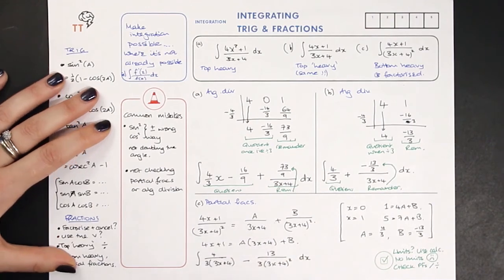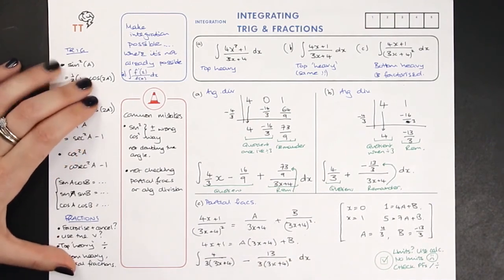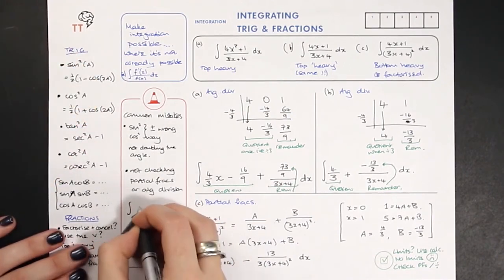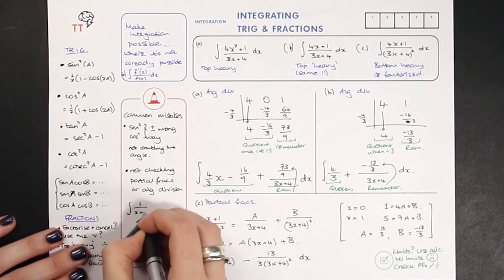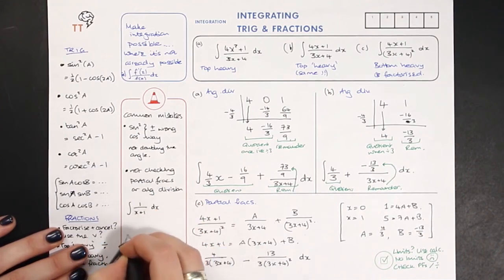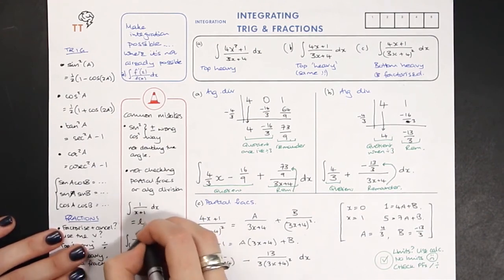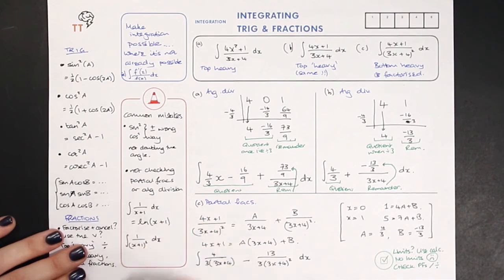Now, final point for this video, which has been a very long one, but it's a very important one, is the difference between integrating 1 over x plus 1 and 1 over x plus 1 squared. A lot of students go ahead and integrate this one, ln, and then they think this one is also ln because it's 1 over.